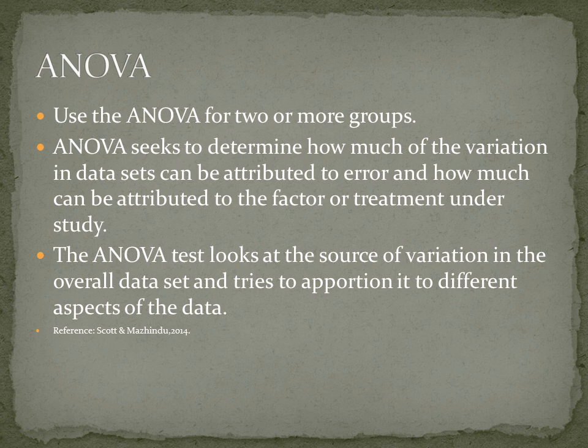What ANOVA seeks to do is to determine how much of the variation in the data sets can be attributed to error and how much can be attributed to the factor or treatment that's under study.